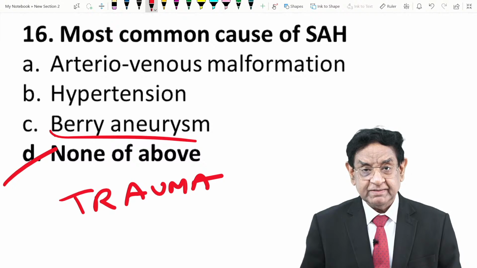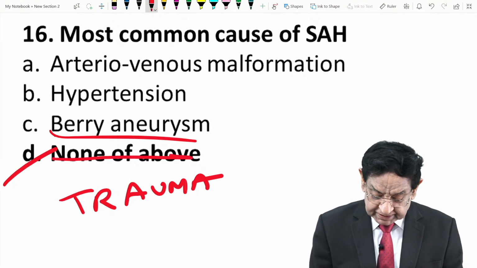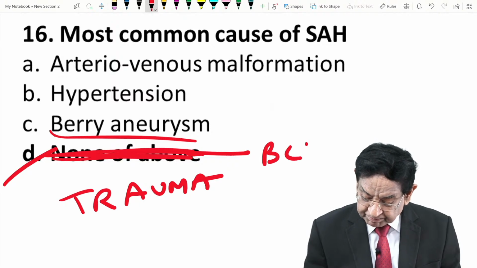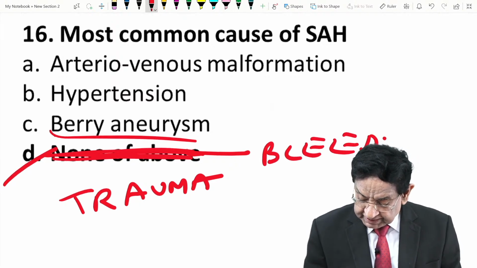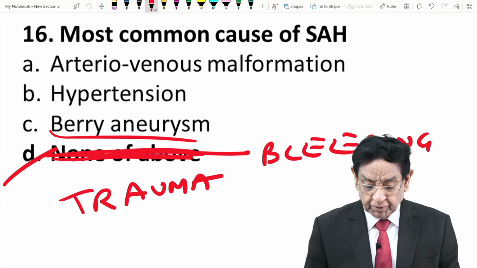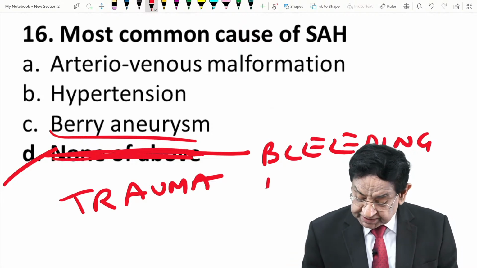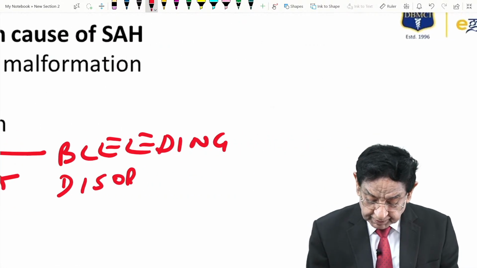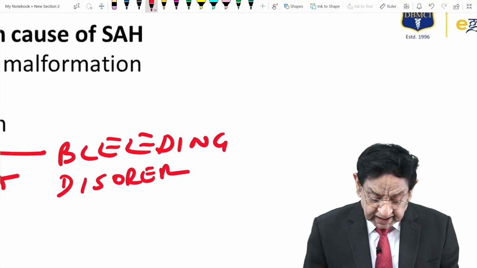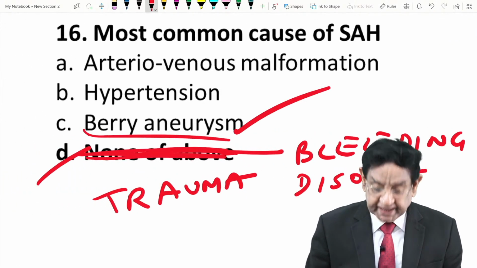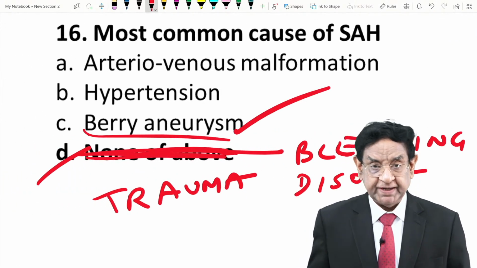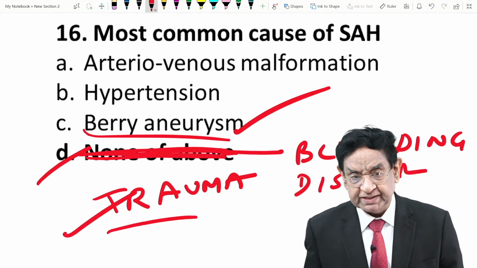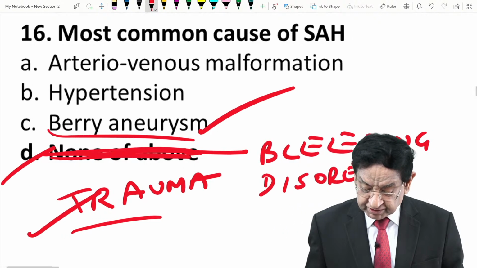But if, suppose, the option D was bleeding disorder, then the answer would have been Berry aneurysm. But if trauma is there, again trauma is the answer. So the answer here is none of the above.